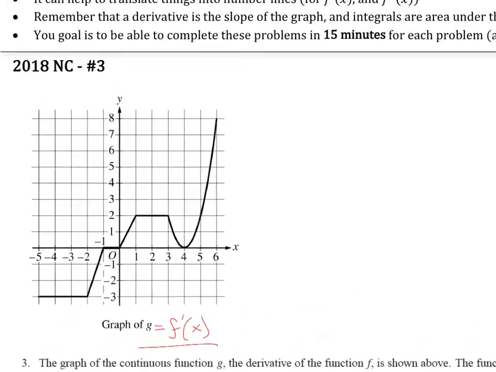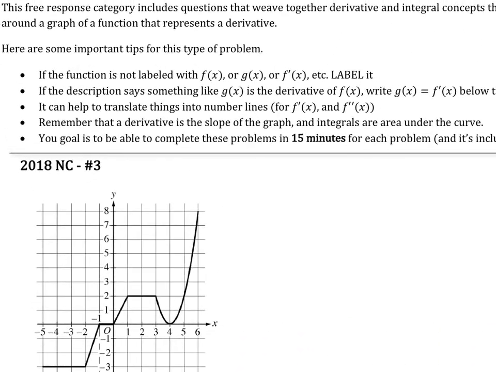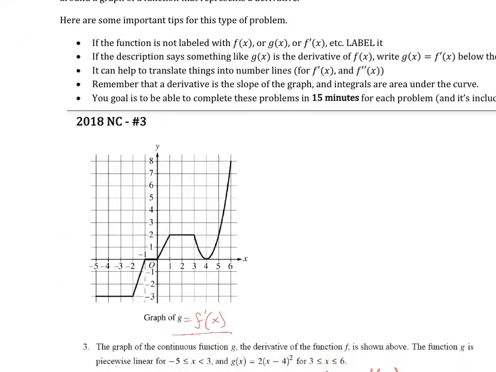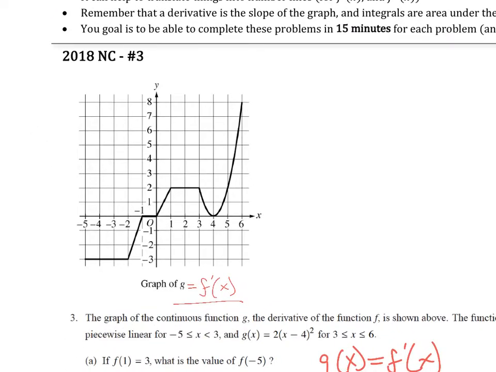Write it out. Then, third suggestion here, it can help to translate things to number lines. Depending on what the problem's asking, a number line might be helpful. And so here, we have a number line.